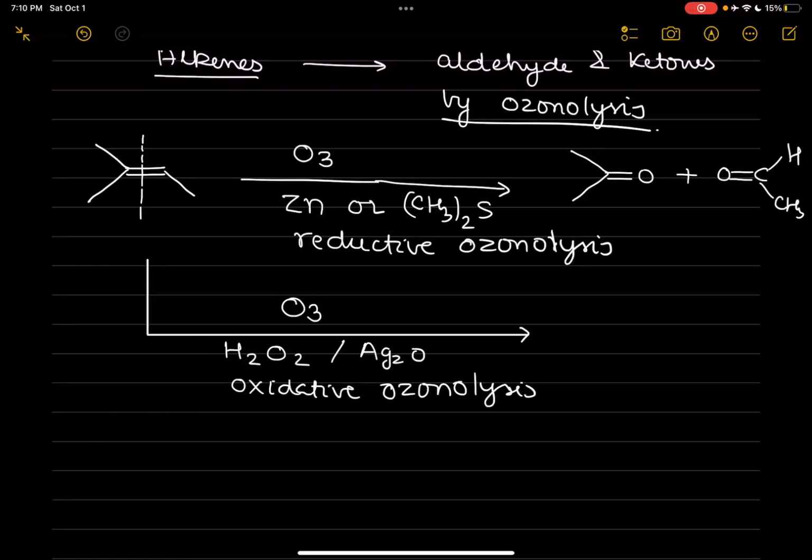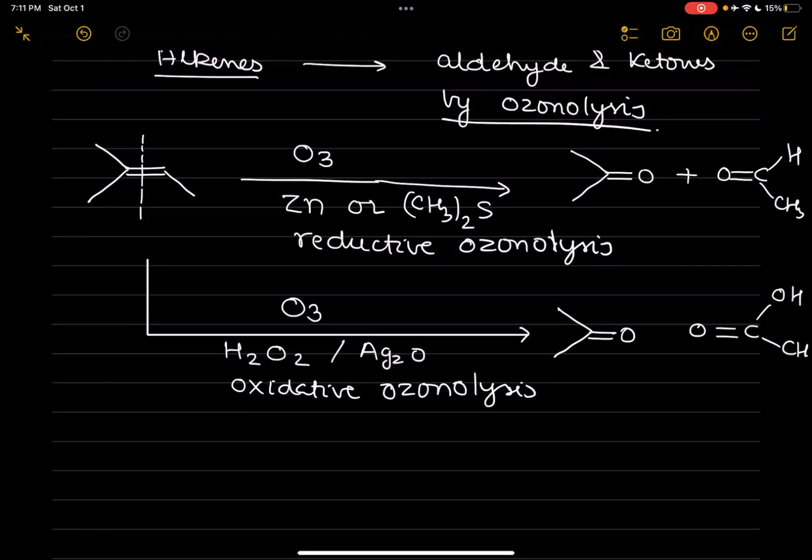In this case, you need to be very careful. You are going to do whatever you do for the reductive. Clear? But there is some extra thing which you are going to do. If any one of the parts is an aldehyde, you are going to oxidize that aldehyde into carboxylic acid.